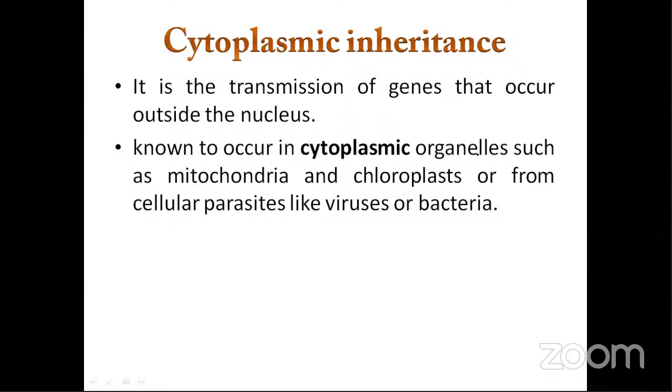Then whenever your trait fails to show any linkage, it cannot be grouped into any linkage groups. Linkage groups mean each of the genes present on each chromosome of an organism.